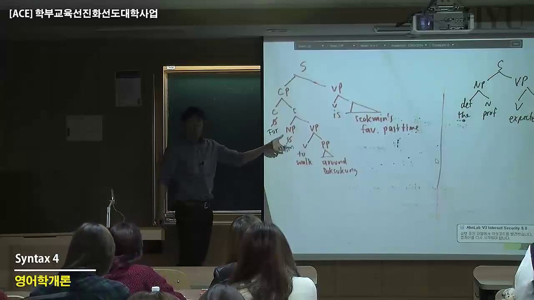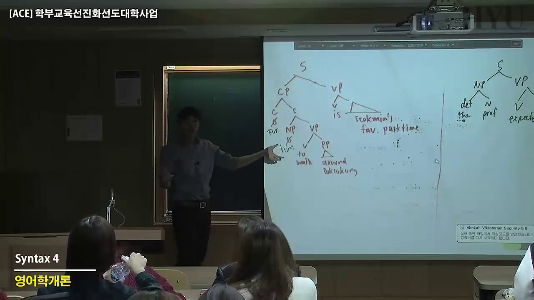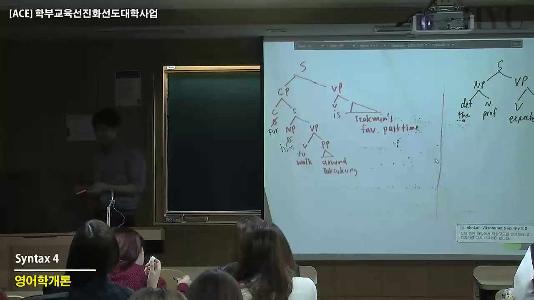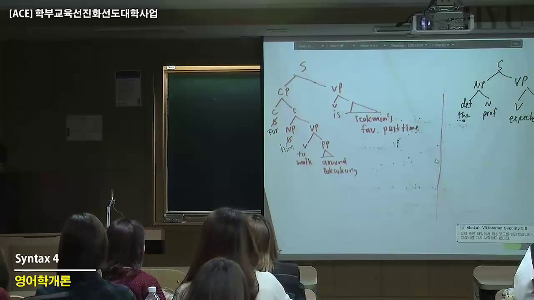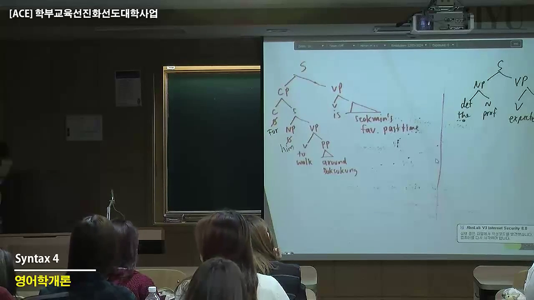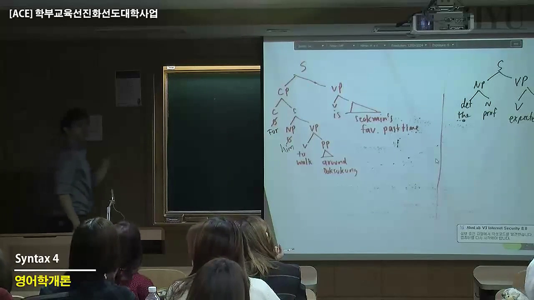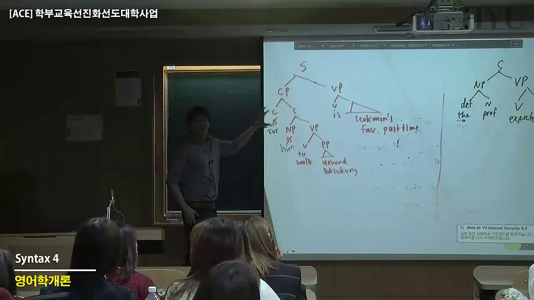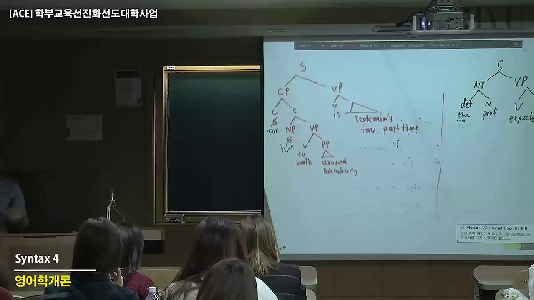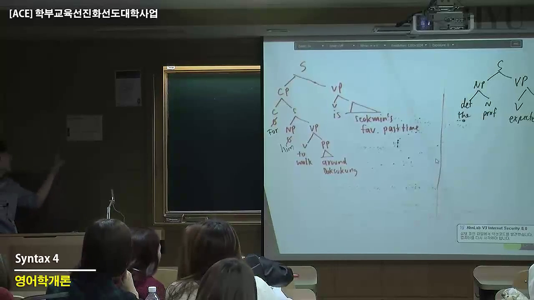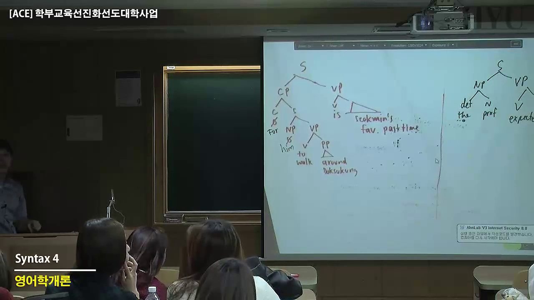For me to walk around Toksugung, for him, for her, for whoever, okay? So if you have the word for, it could be a complementizer, okay? Because it introduces the small clause, right?